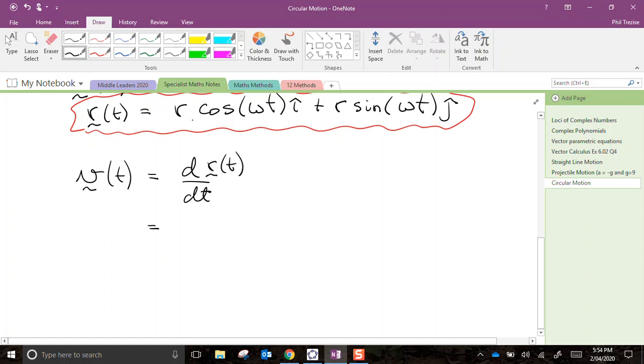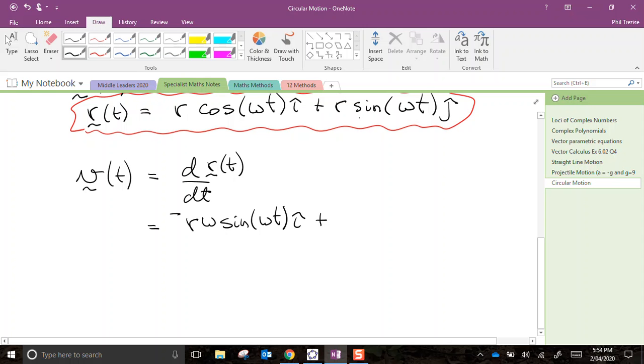So r is a constant, it'll stay. Derivative of cosine is negative sine, so I'll put the negative and I'll write sine of omega t. And then the derivative of omega t is omega, and that is the i component. Now let's do the j component.